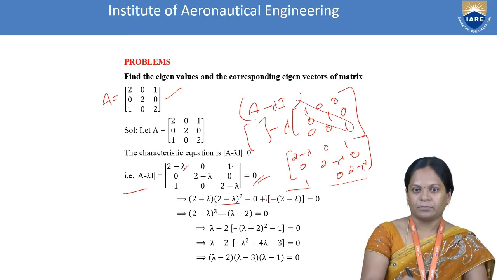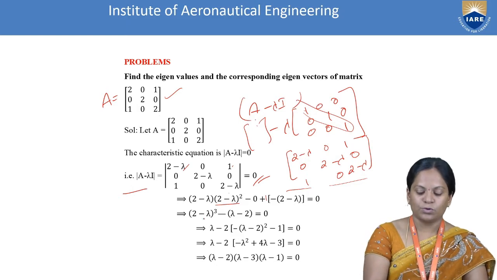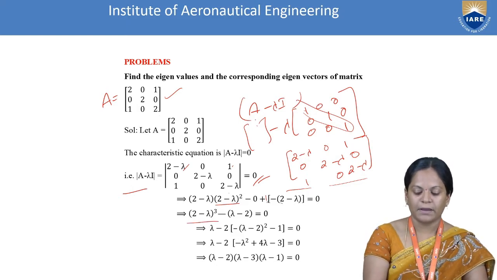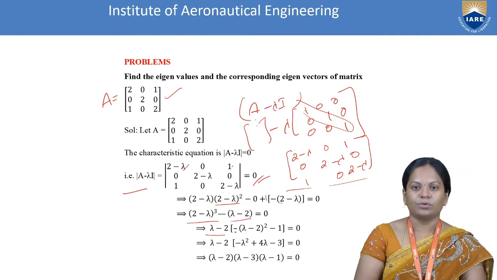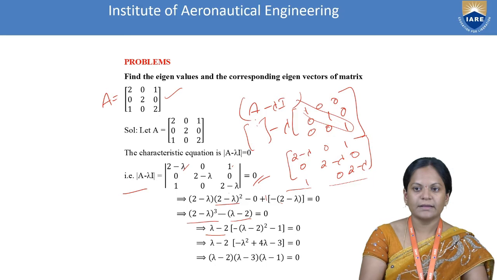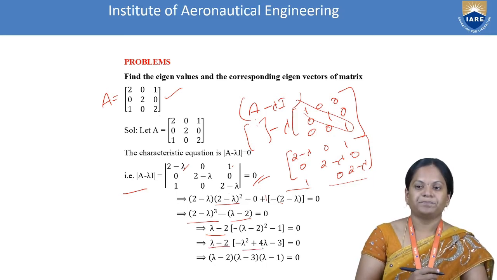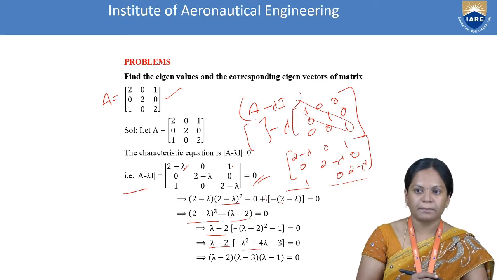Next, (2 minus lambda) whole cube minus (lambda minus 2) equal to 0. Next step, (lambda minus 2) into minus of [(lambda minus 2) whole square minus 1] equal to 0. Take lambda minus 2 common and write minus lambda square plus 4 lambda minus 3 equal to 0.